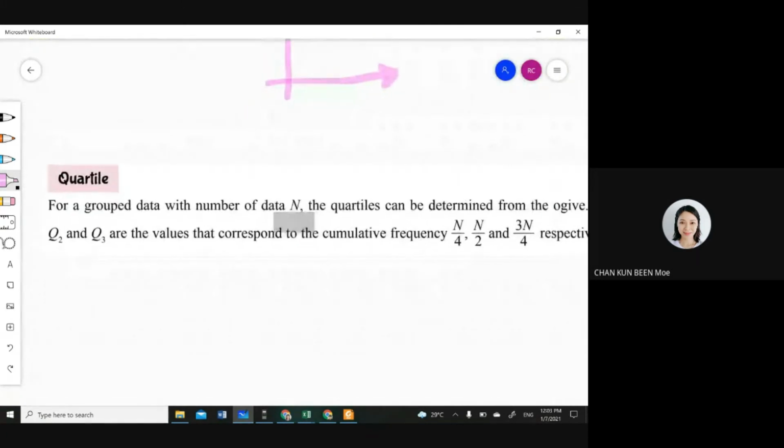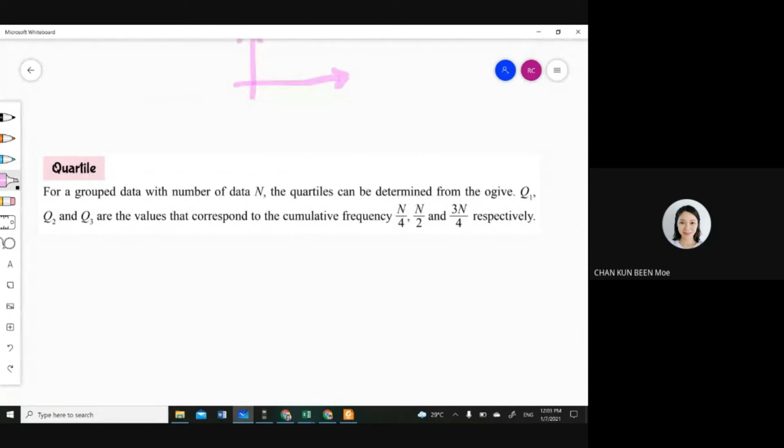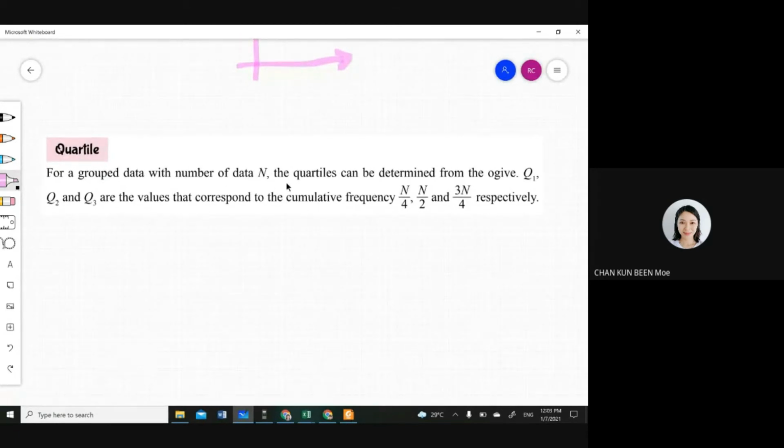Okay, we look at quartiles first. For a group of data N, the quartiles can be determined from the ogive. This is like what you learned in Form 4. The first quartile, second quartile, and third quartile are the values that correspond to the cumulative frequency N over 4, N over 2 and 3N over 4.